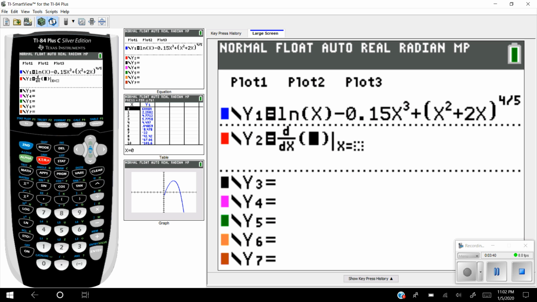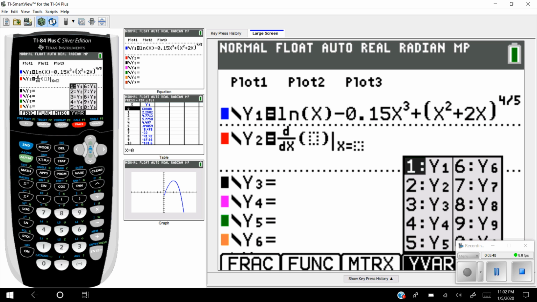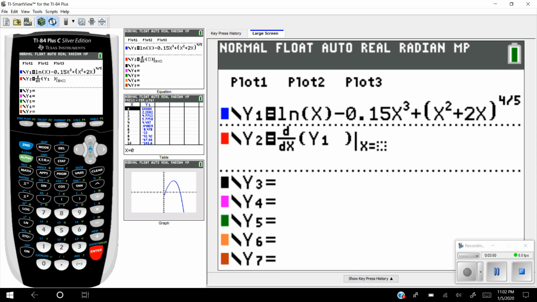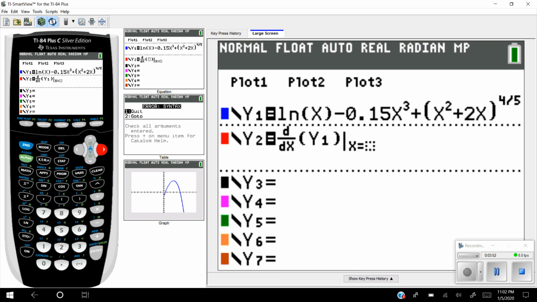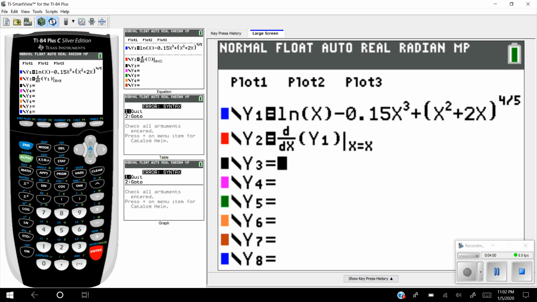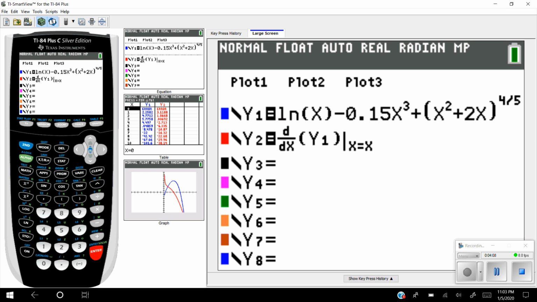Now, if I want to differentiate the function from y1, instead of retyping that whole function, I'm just going to use the alpha trace shortcut and say for the derivative of function y1. And if you just put in at x equals x, then it will give the derivative for the entire function versus just putting in like at x equals a certain number.